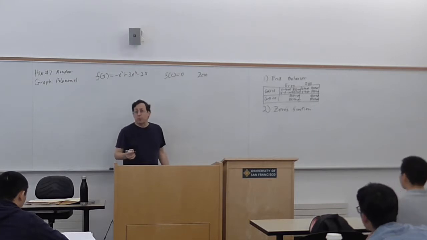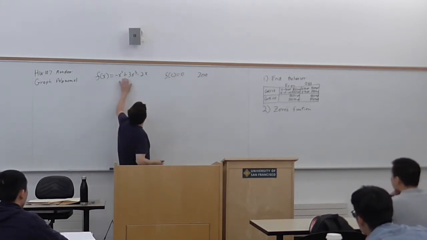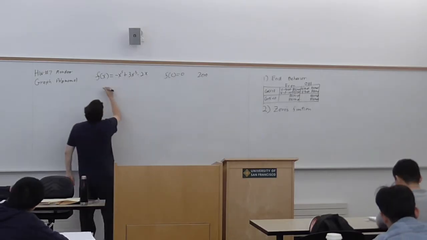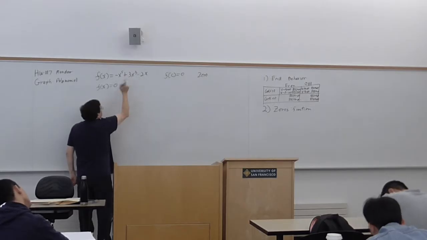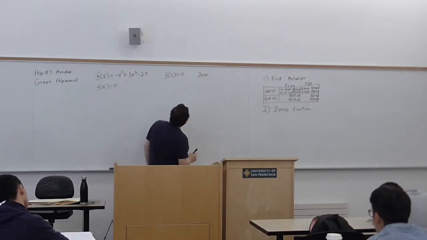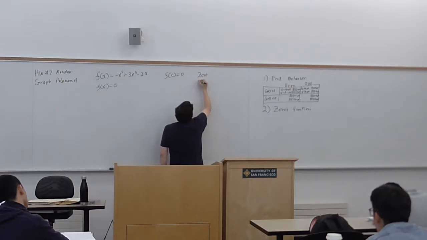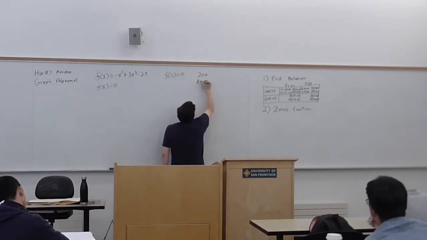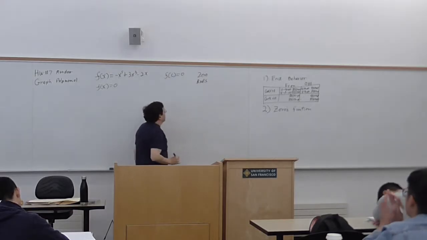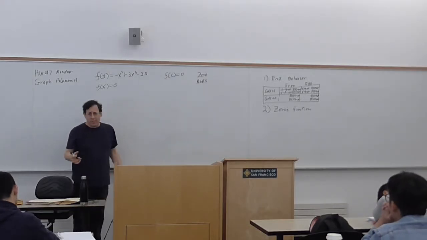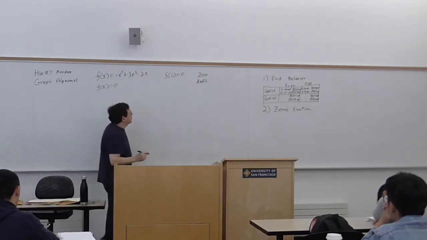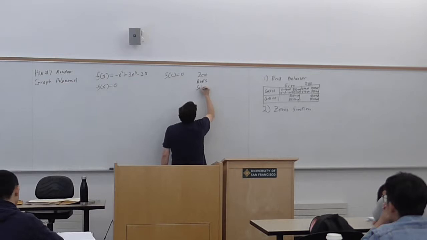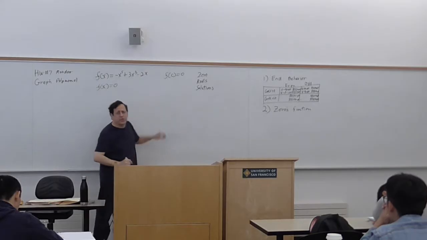Sometimes I'll also use the term roots. We're looking at the roots of the equation f of x equals 0, or, in this case, minus x to the fifth plus 3x cubed minus 2x equals 0. So, roots of the equation. Another term I might use, which is a little faulty if I'm not careful, is solutions.